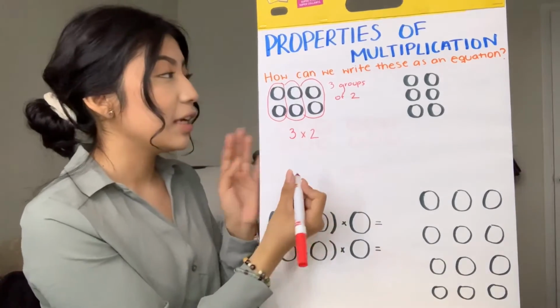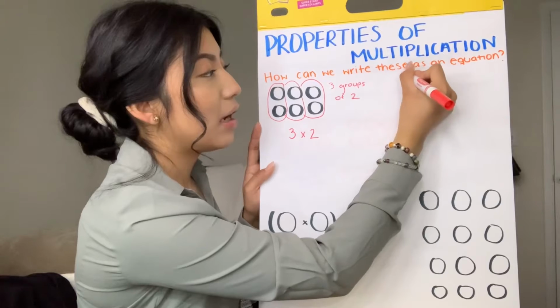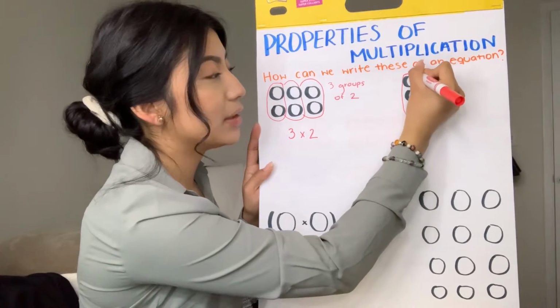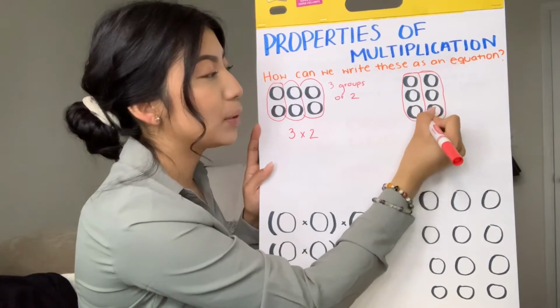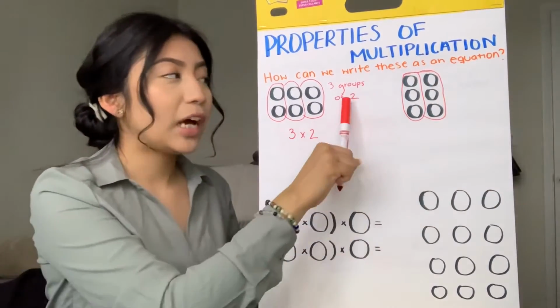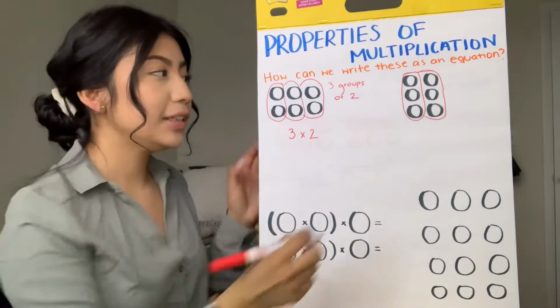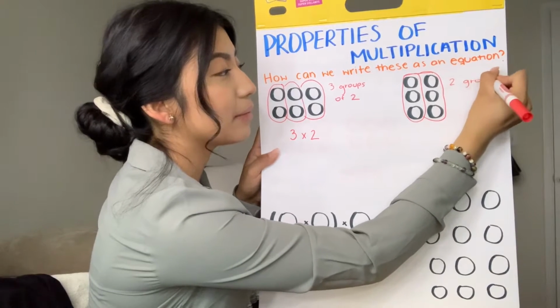All right. Now let's circle our columns this time. So we have our first column, which is a group of 3 this time, and our second column, which is also a group of 3. So looking at how we wrote this, how would we write this one? Yes, 2 groups of 3.